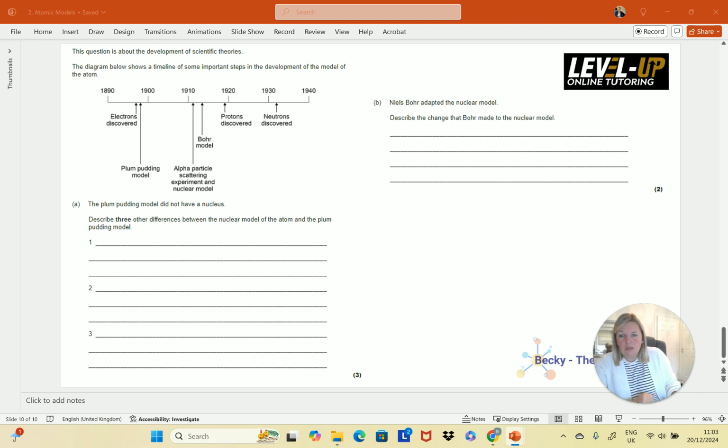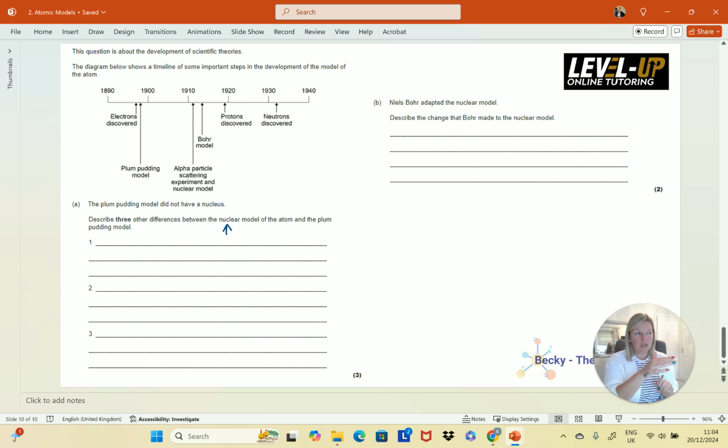Okay, because it says nuclear first, so the nuclear model and the plum pudding, whatever you write down, if you just write "it is mostly empty space", as an examiner we are presuming that by "it" you mean the nuclear model, because that's the one that's listed first.